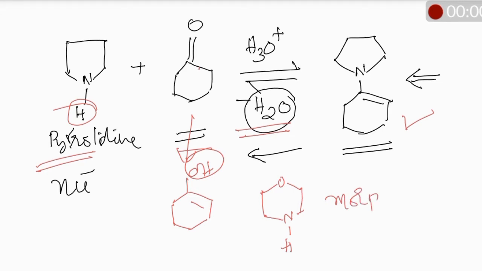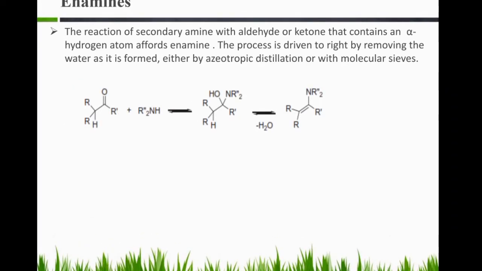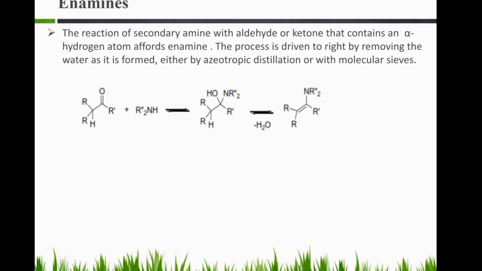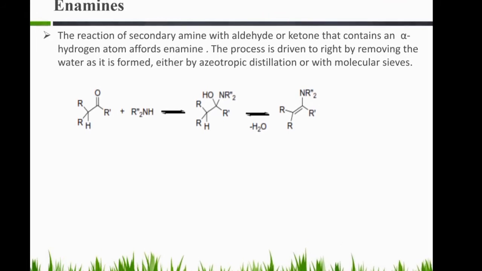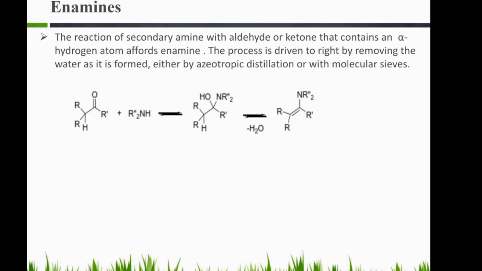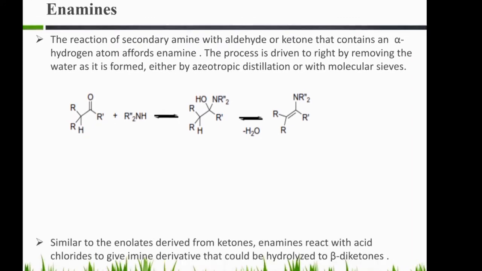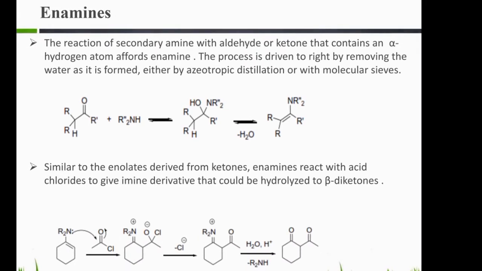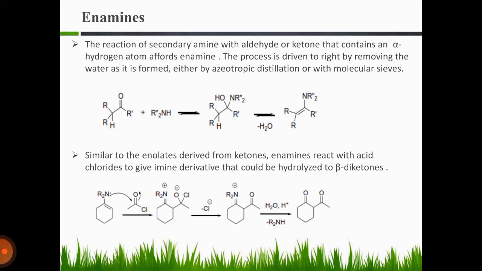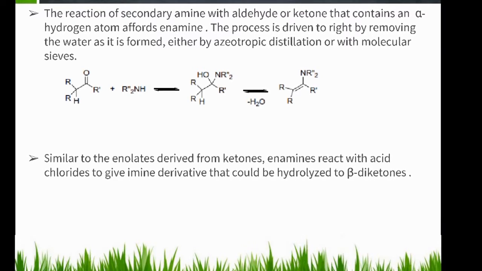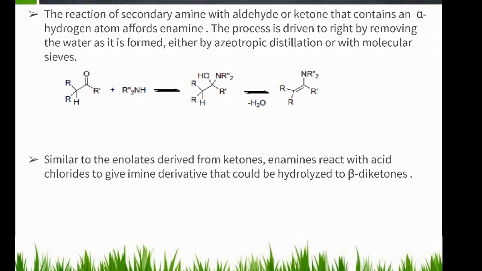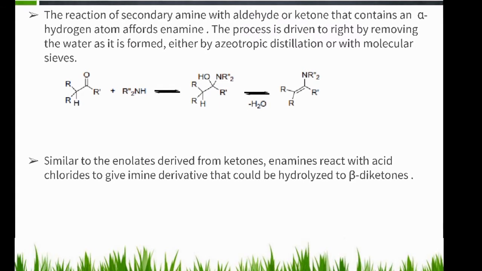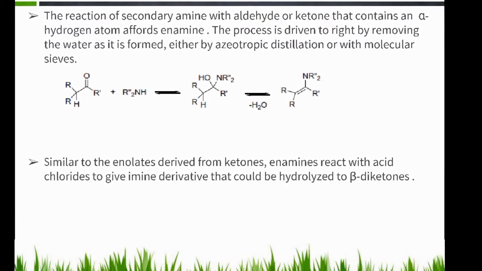These are the typical secondary amines used in enamine reactions. So enamine formation is the reaction of a secondary amine with aldehydes or ketones that contain an alpha hydrogen atom, which affords the enamine. The process is driven to the right by removing the water as it is formed, either by azeotropic distillation or with molecular sieves, because it is a reversible reaction.